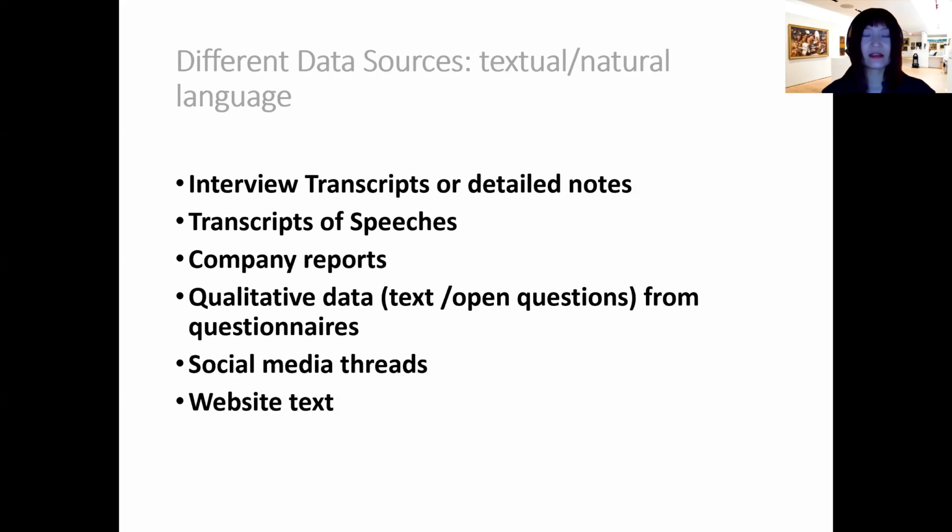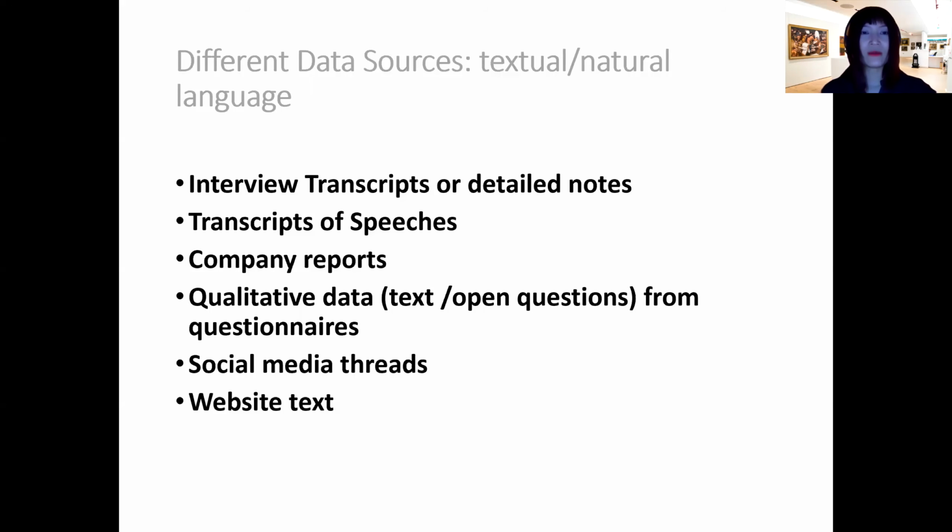So these listed here on this slide are some primary and some of them, excuse me, some of them are secondary data. Well, quite many of them are secondary data.